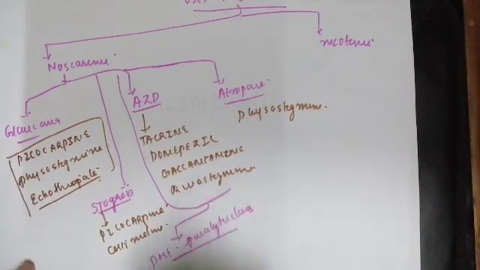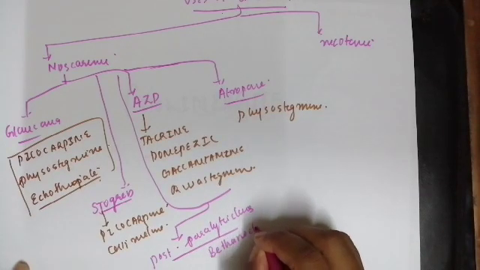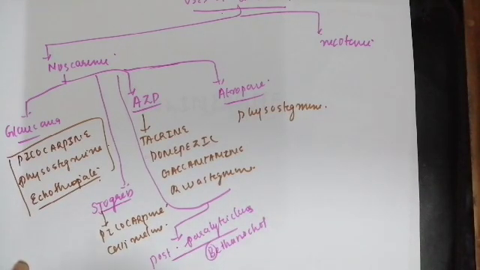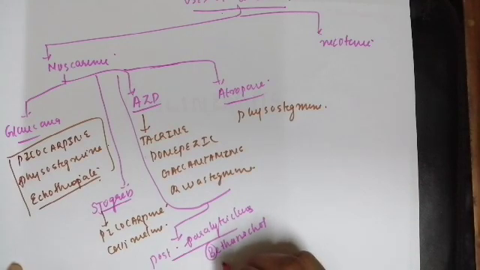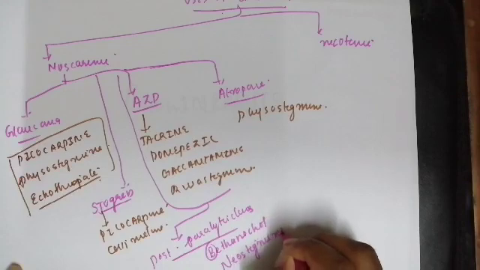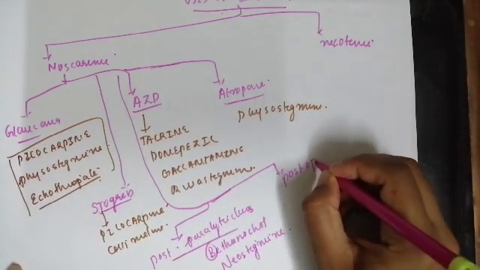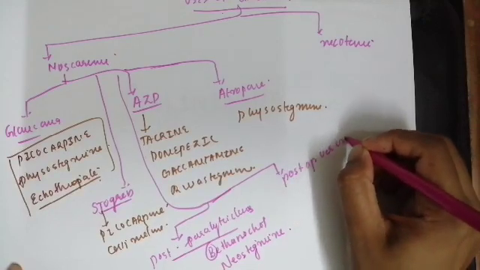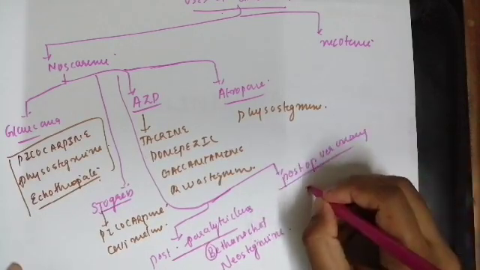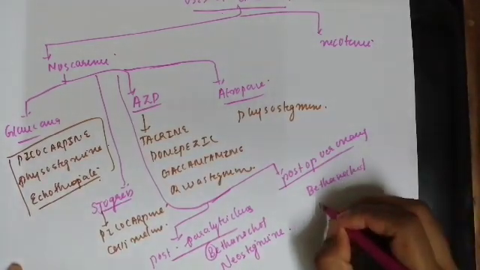We can use bethanechol, which is a directly acting one. B for bladder, we have discussed it earlier. And one cholinesterase inhibitor which is used in postoperative paralytic ileus is neostigmine. You can use them in postoperative urinary retention also. These two drugs can be used again, bethanechol and neostigmine.